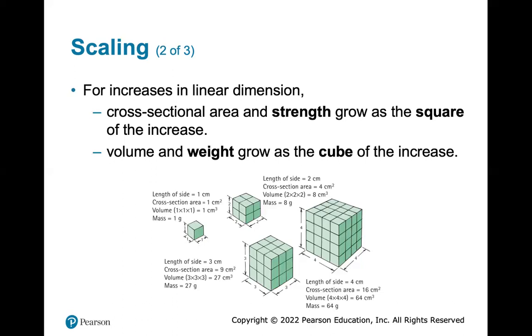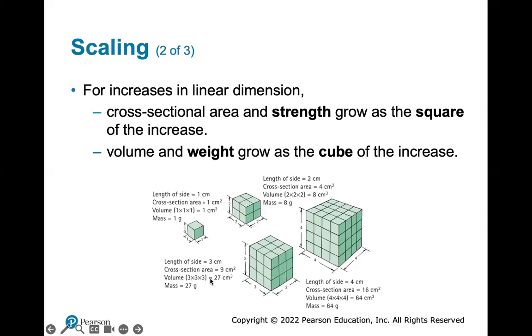Now, if you double it, the length of the side is 2 centimeters. The cross-sectional area is 4 centimeters squared. The volume is 8 cubic centimeters, and the mass is 8 grams. If you go to 3 centimeters, the cross-sectional area is 9 square centimeters.